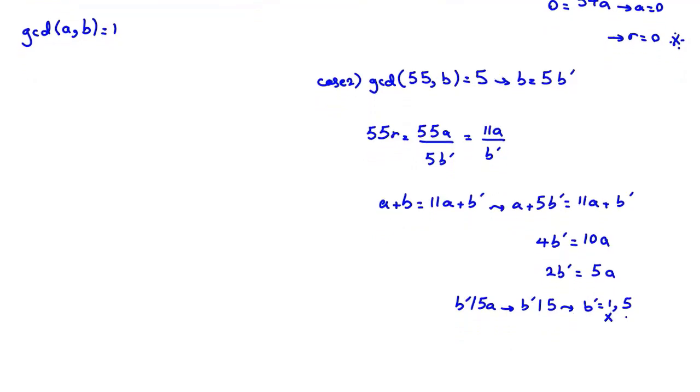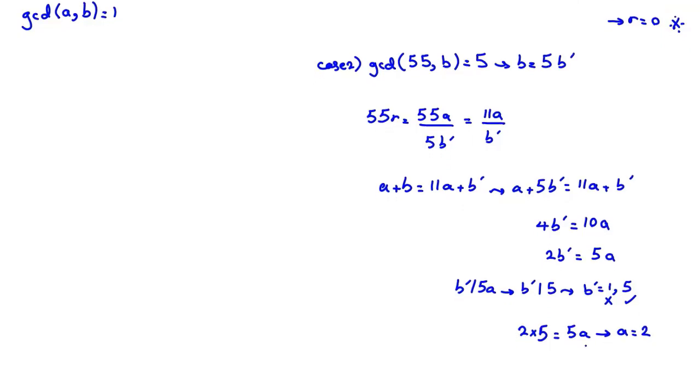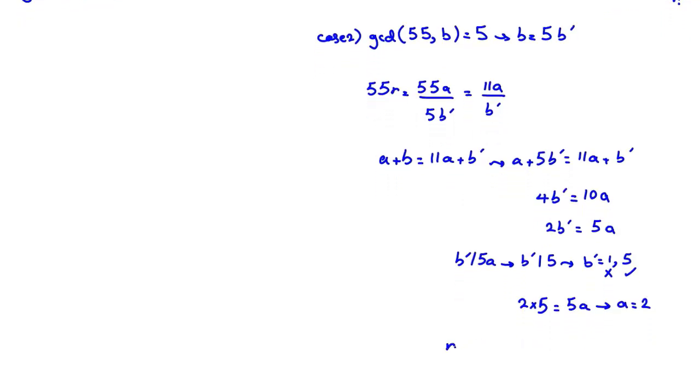So B prime is 5. If B prime is 5, then 2 times 5 equals 5A, so A is 2. Now in this case, R is A over B, which is 2 over B. And B was 5B prime, so 5 times 5, 25.